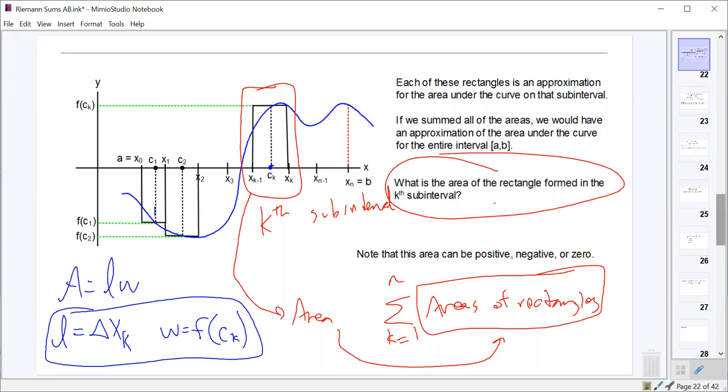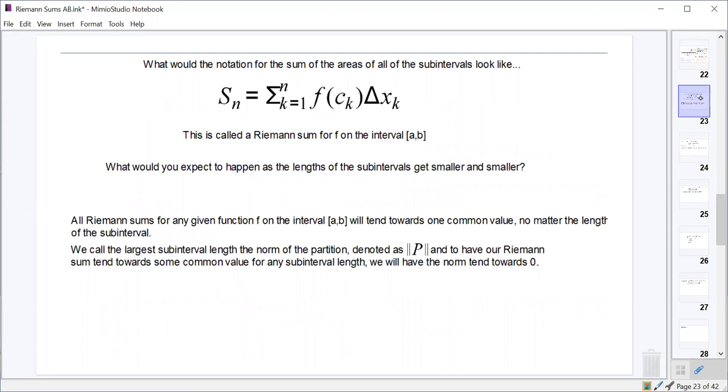Okay. So this thing that we're now going to have, this height times my length within the summation, is called a Riemann sum. I don't think I've used that term before, but it's a Riemann sum for whatever function we have, f, on an interval from a to b.